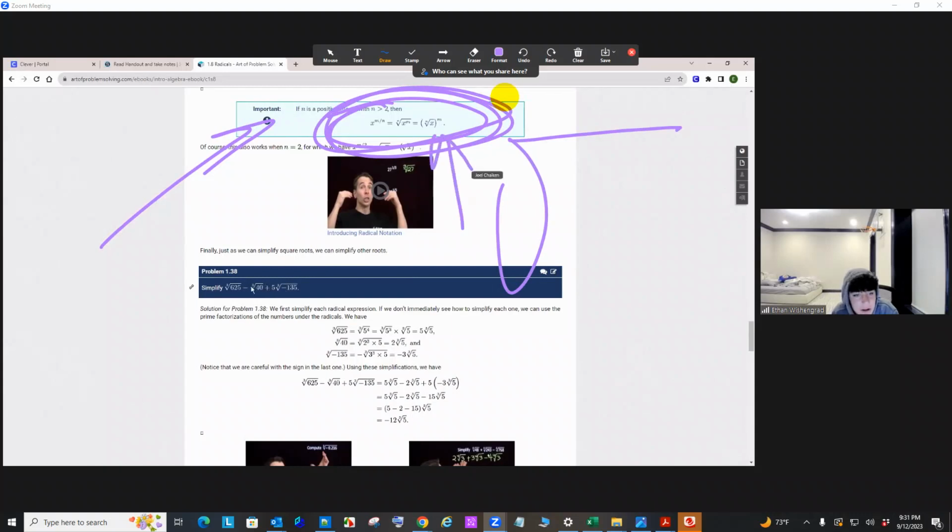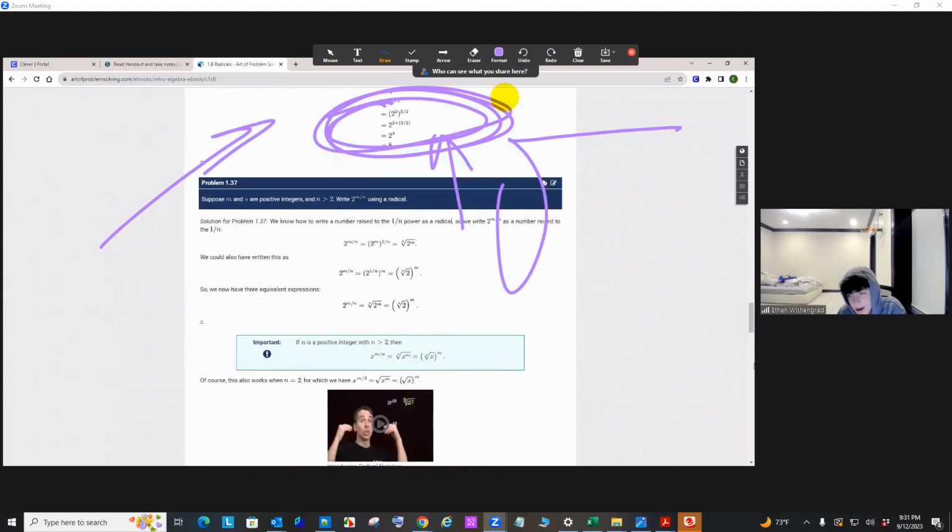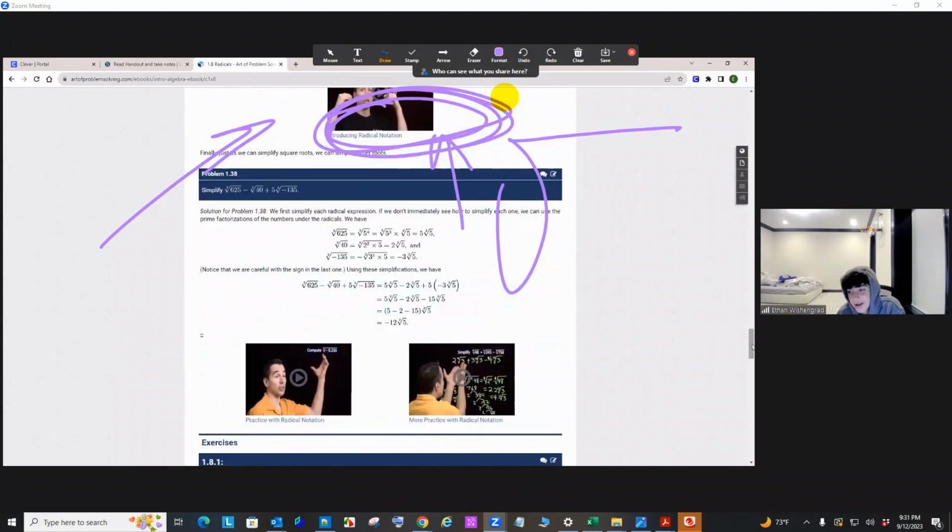We did this last year, 1.38, the cube root of 625. This gets a little tricky. You've got to convert everything to a common root, which looks like 5. I'm going to do it tomorrow.